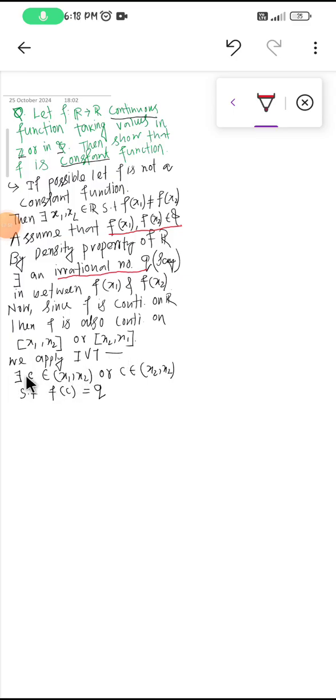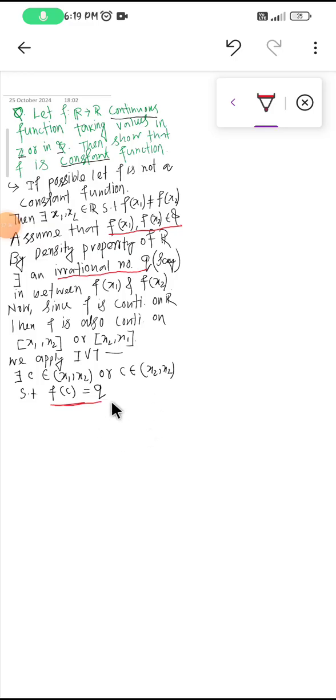By applying IVT there exists an element c in between x1 and x2 such that f of c equals q. Why? Because by the IVT theorem, every value in between f of x1 and f of x2 is attained, and q is a member in between them, so f of c equals q.